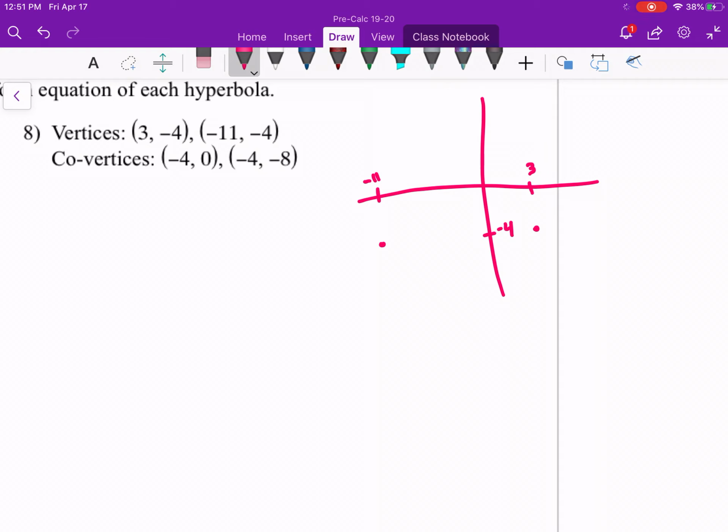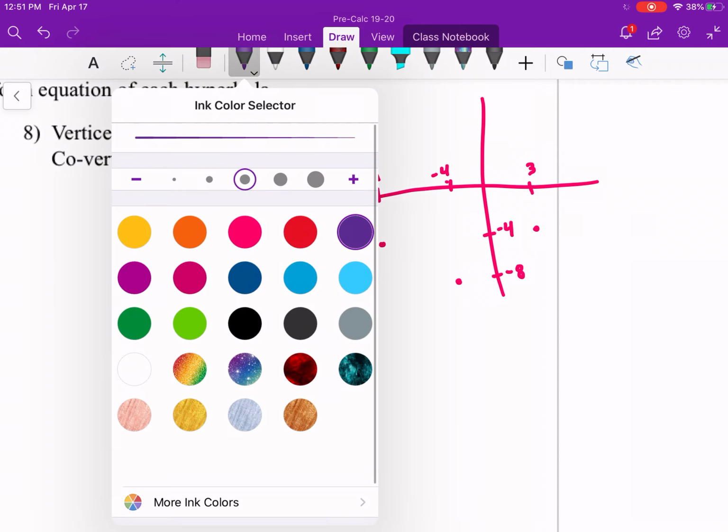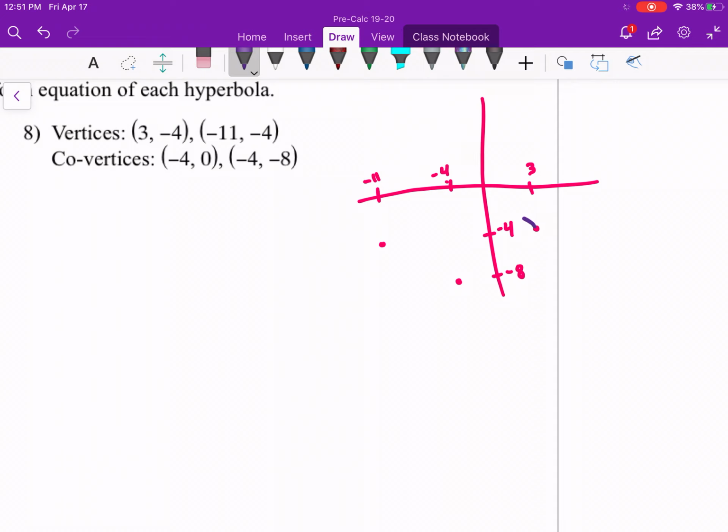And then my co-vertices are at -4, 0, and -4, -8. Okay, that's not that bad. I didn't ruin that one. I don't know if I want to draw it, but let's see what I draw. Nope. I think I did mess up the scale of it. It's not going to be pretty.